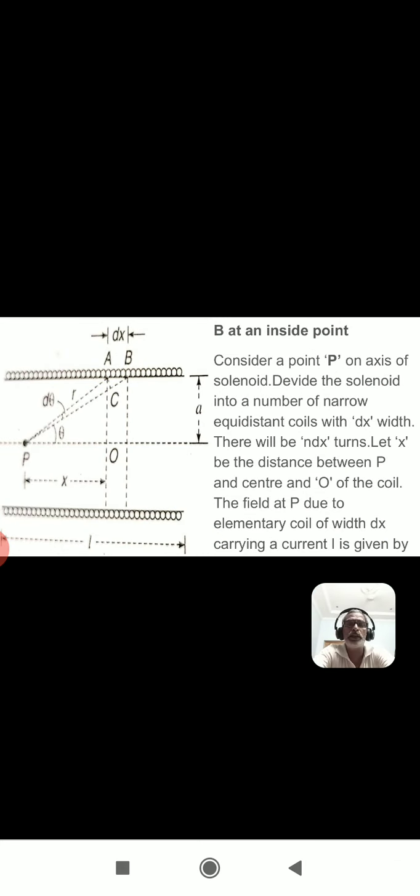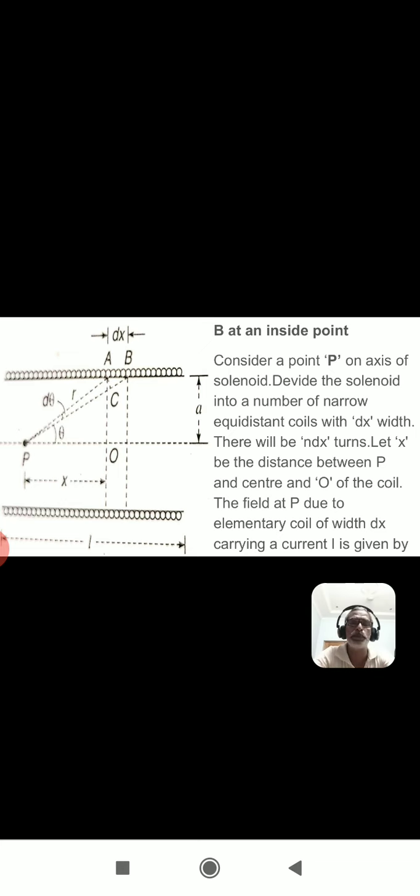Now B due to a solenoid. Consider a solenoid as shown in the figure, whose length is small and its radius is a. Our aim is to calculate the magnetic induction when current is passing through the solenoid, on the axis of the solenoid.